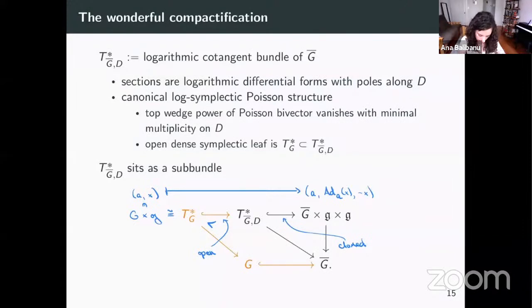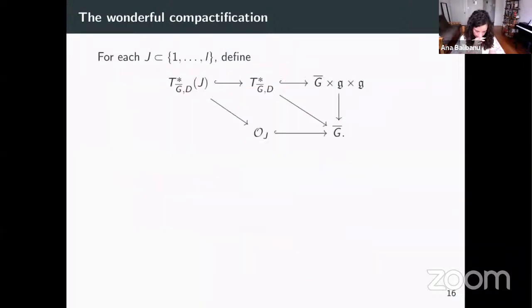I was going to say, in terms of this data, what the symplectic leaves on the log cotangent bundle are, but I'm afraid that I won't have time, so I'm going to skip this part because it's not really essential to what we do next. But I will try to say a little bit. So I can characterize the symplectic leaves of the log cotangent bundle in terms of the rep theoretic data attached to the group G in the following way.